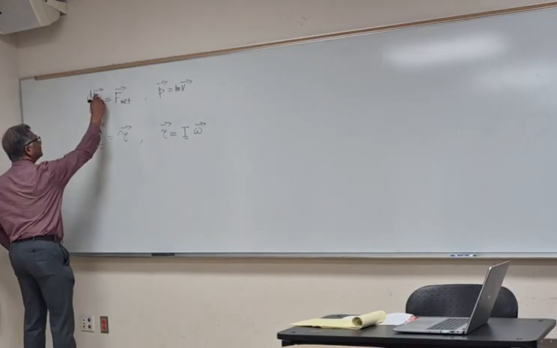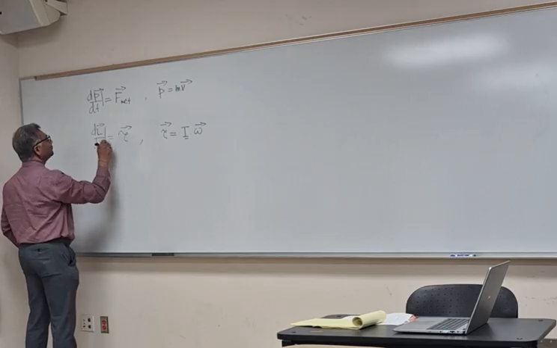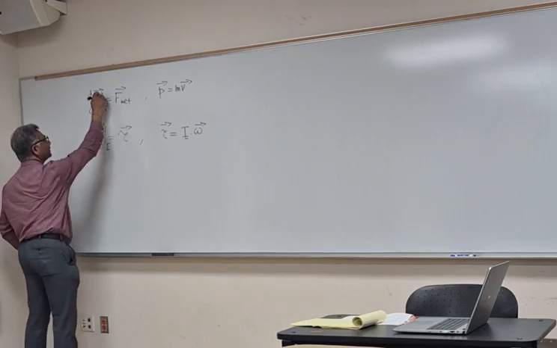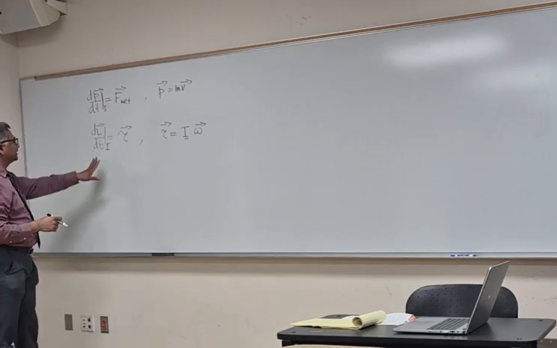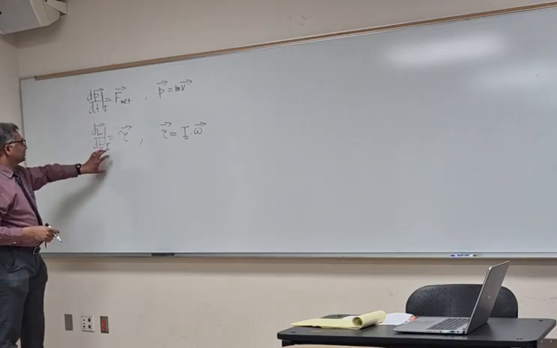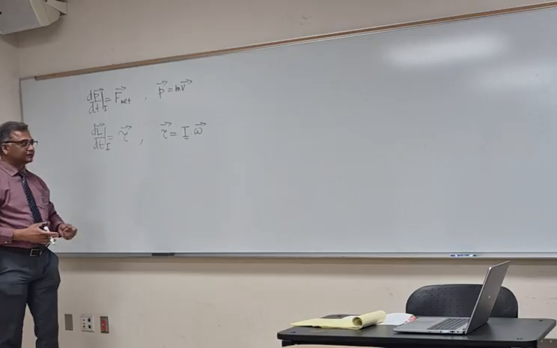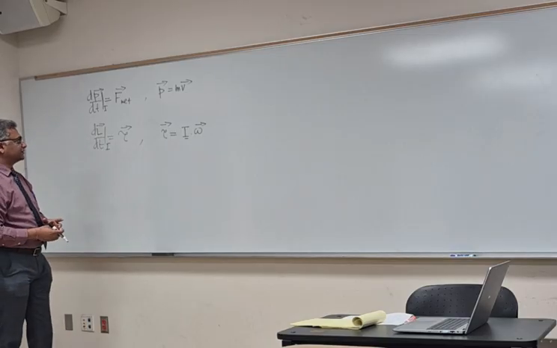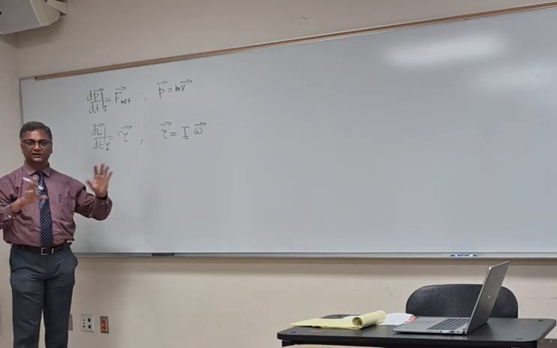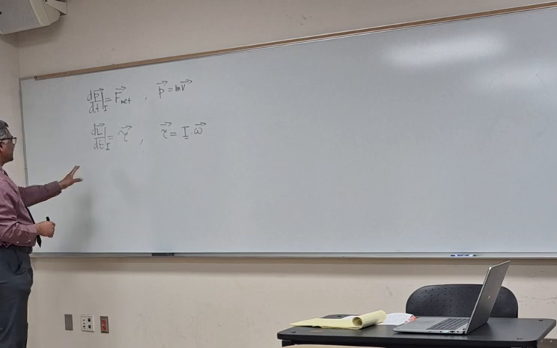Now these two equations, when we discuss Newton's second law, we normally discuss it in terms of an inertial reference frame, so that there is no fictitious force appearing in that equation.